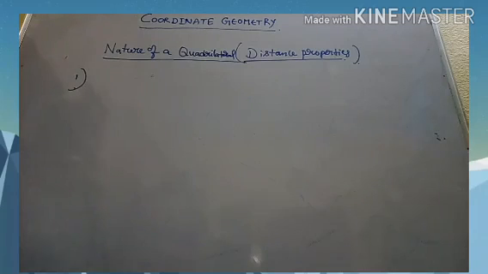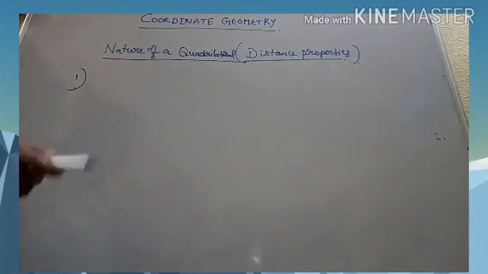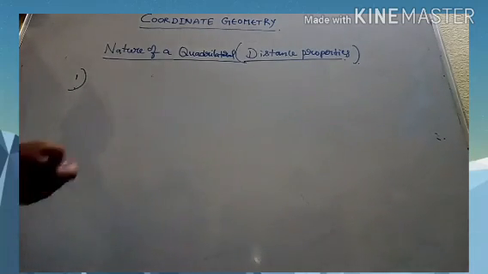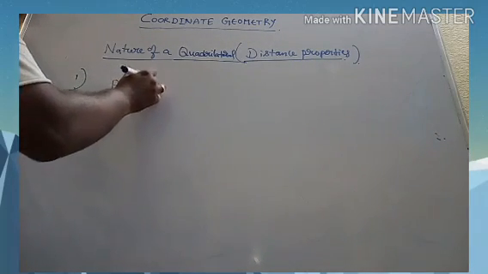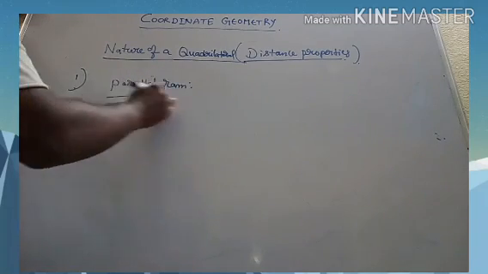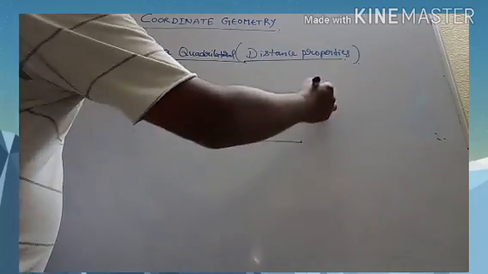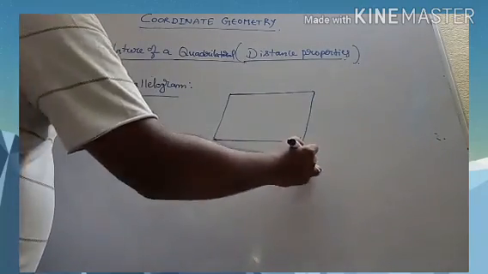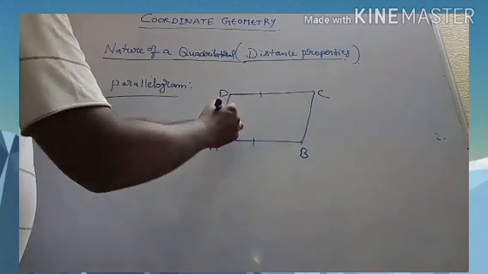Now we have the nature of a quadrilateral using only the distance properties. Suppose you want to prove a parallelogram, they will give 4 vertices. You just prove that opposite sides are equal. You know that if ABCD is a parallelogram, opposite sides are equal.